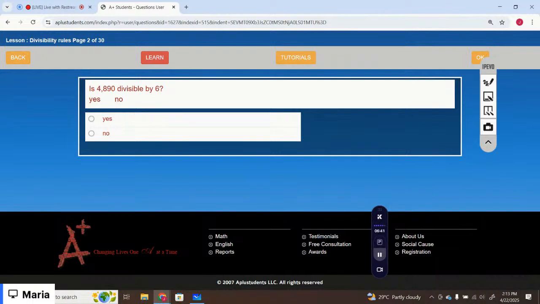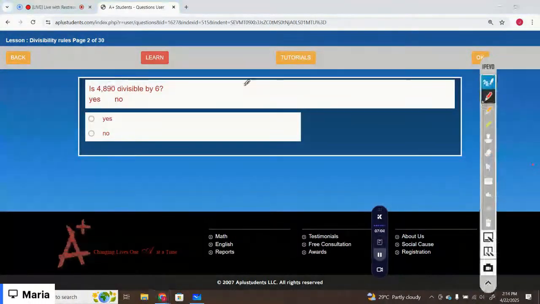Okay, the next one: is 4,980 divisible by 6? Now we are going to apply the divisibility rule for 6. The divisibility rule for 6 is that the number must be divisible by 2 and by 3, right? So we need to learn the divisibility rules for 2 and 3. The divisibility rule for 2 is that the ones digit must be 0, 2, 4, 6, or 8.